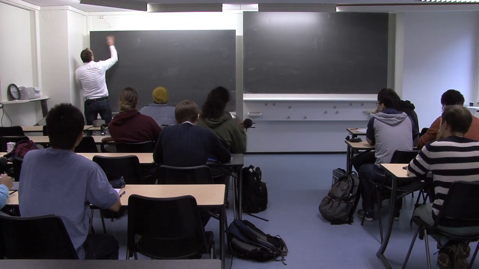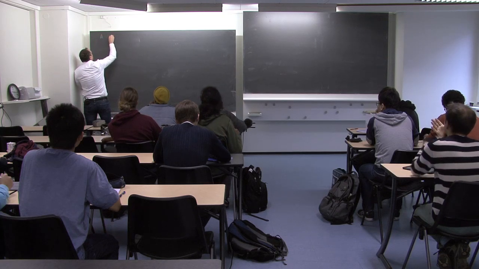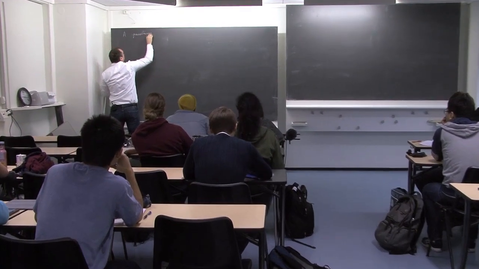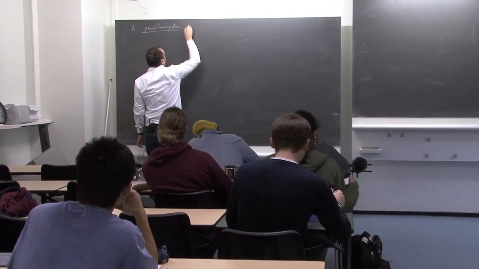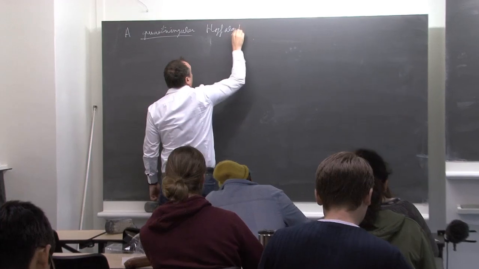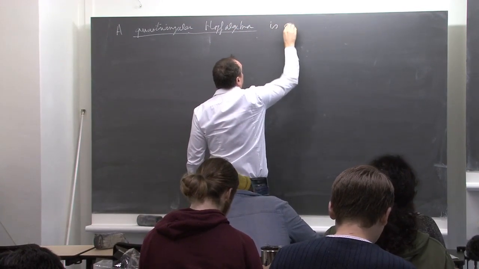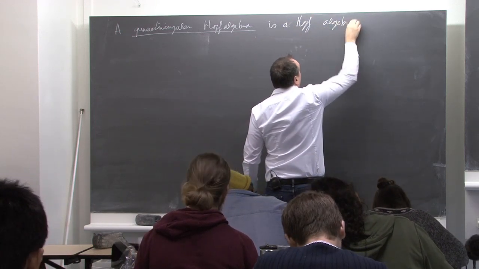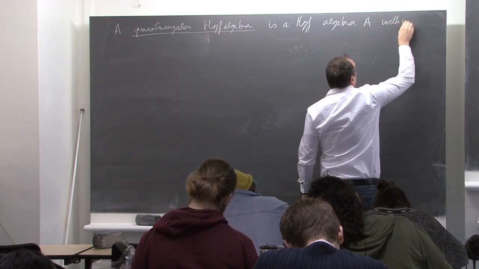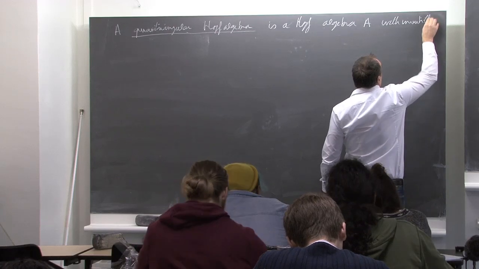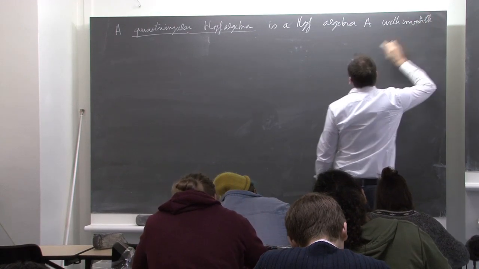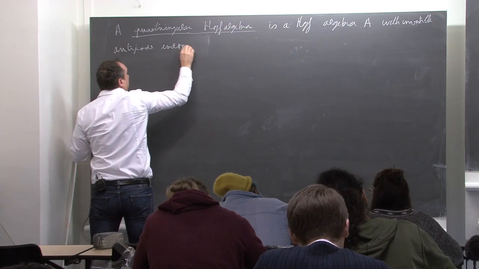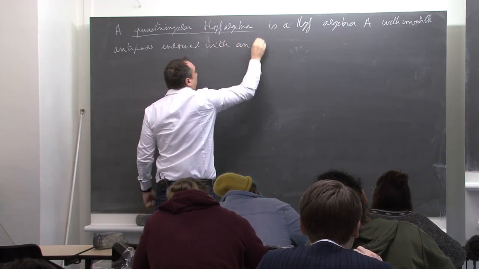Maybe we say that a quasi-triangular algebra A, with invertible antipode, is an algebra which is endowed with an R matrix.